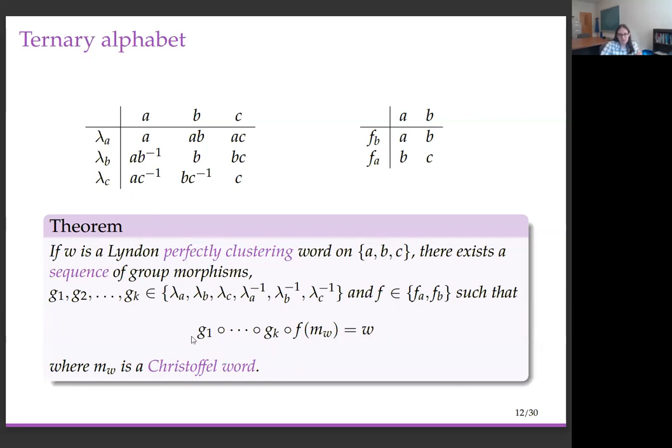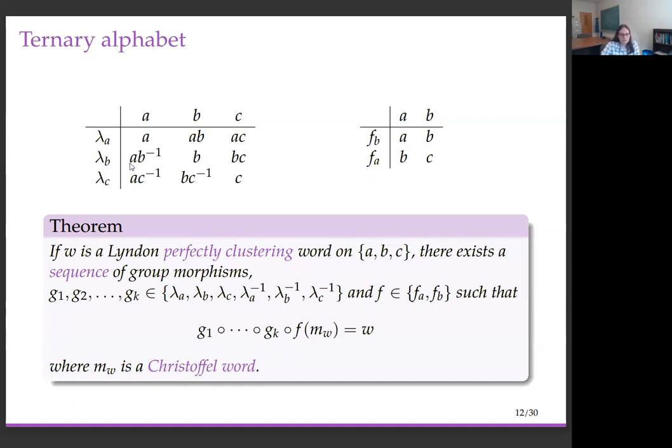Evidently, the sequence here, G1 to GK, has some restrictions on how we can use them to get a positive word. Just note that lambda A, lambda B, and lambda C are easy to generalize because if you take the natural order on the alphabet, so A is smaller than B, smaller than C, lambda A will send A to itself, and after that, it will just add A to the other letters at the beginning.